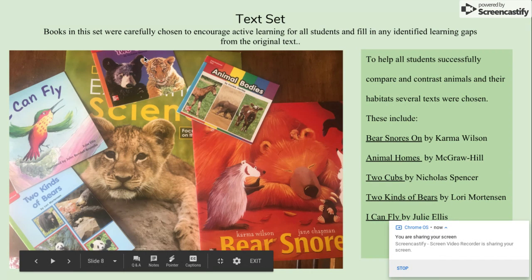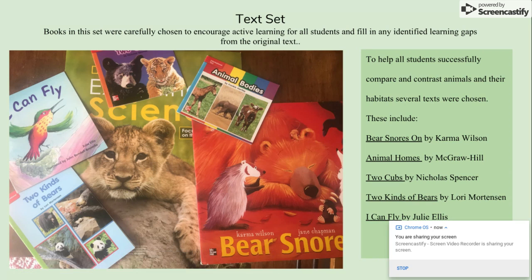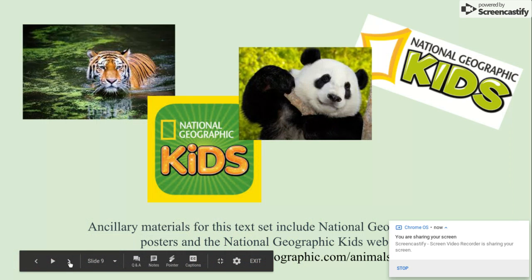The books in the set were carefully chosen to encourage active learning for all students, really trying to think, what can those beginning readers read? What about those students she has that are above grade level? And fill in any identified learning gaps from that original book. The texts that were chosen are Bear Snores On, Animal Homes, Two Cubs, Two Kinds of Bears, and I Can Fly.